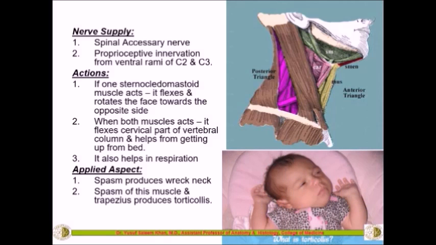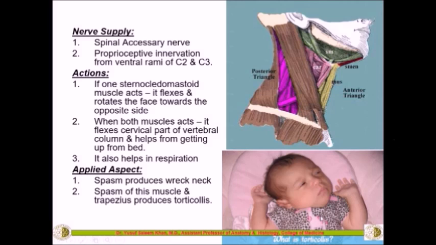So this is the picture where you can see that the spinal accessory nerve is damaged, which leads to torticollis, where the neck is turned towards the opposite side and is flexed to one side. So this is how it happens.